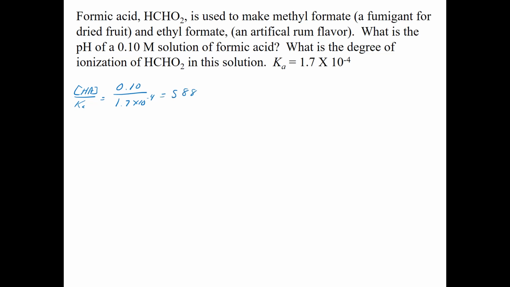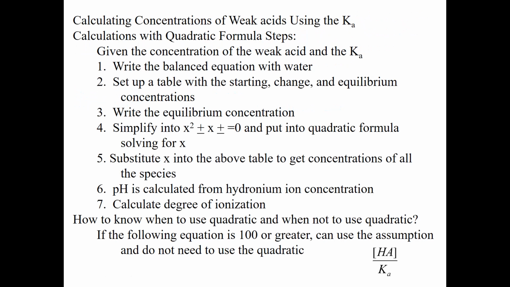So this is greater than 100, so use the assumption, and the assumption is referring to ignoring minus x. Okay, we saw that it didn't make a difference in the concentration, and this is why.